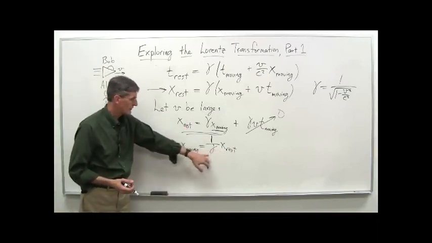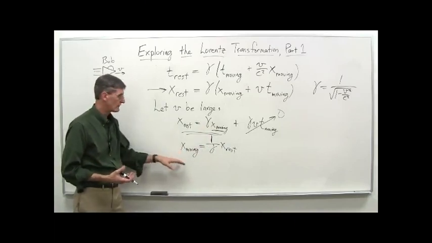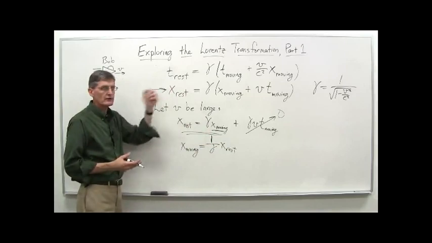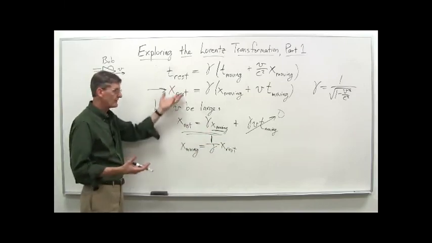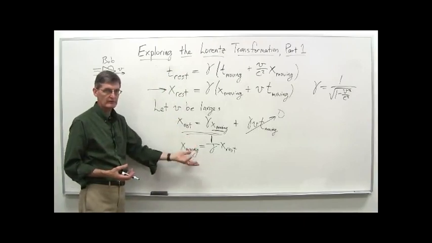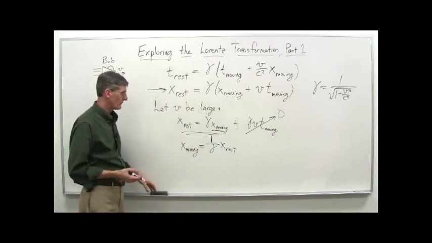You take x rest, multiply by maybe 1/2 if gamma is 2, and you get a smaller value. So this is the length contraction effect, and essentially that's built into the Lorentz transformation, as it better be. If it isn't, then we've got something really wrong here. Either our original conclusion with length contraction was incorrect, or our Lorentz transformation derivation was incorrect.